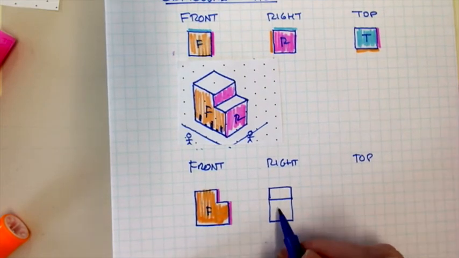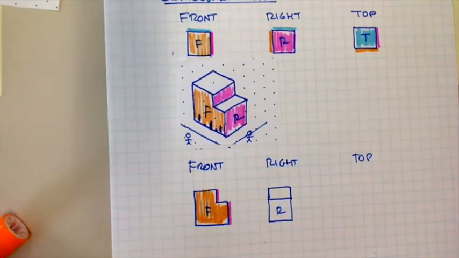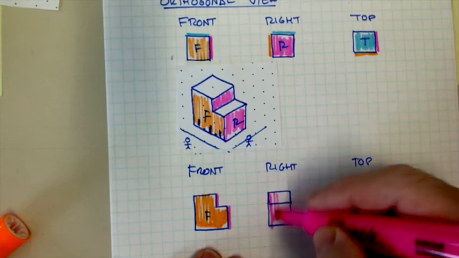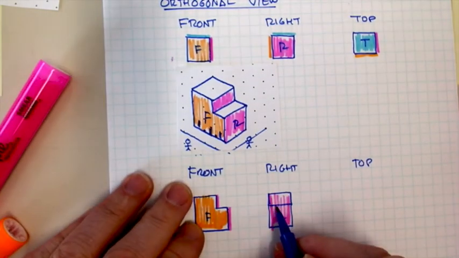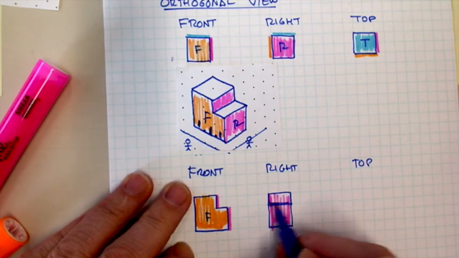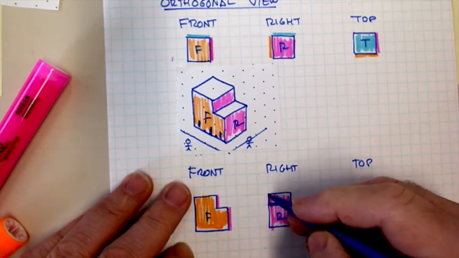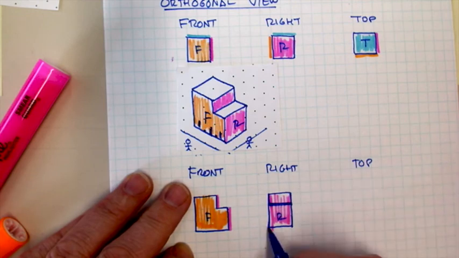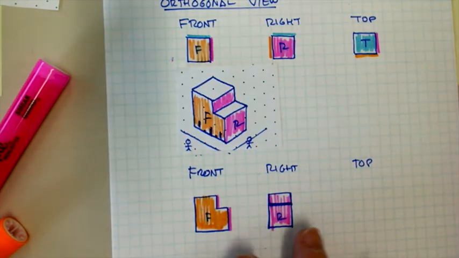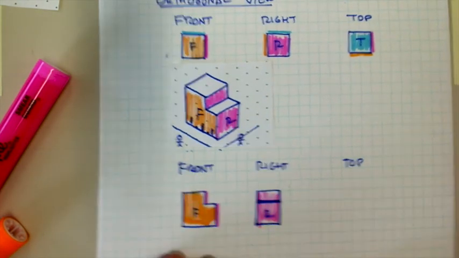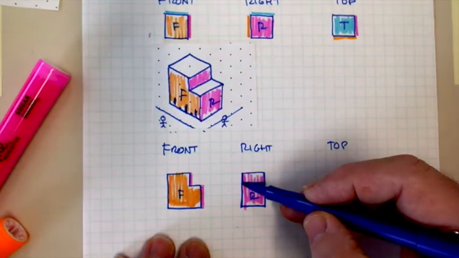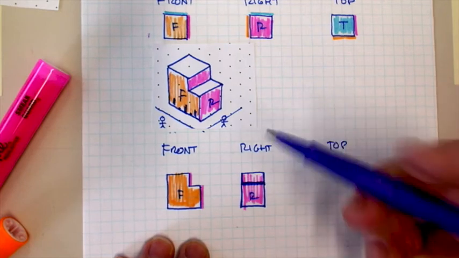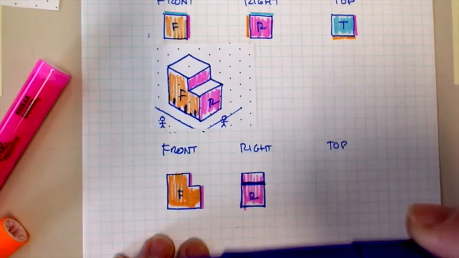When we draw this from the right, we do need to add something on here, and that's this line right here. When we draw this line, you'll see that if you did a little search on the internet, looked at some orthogonal views, they're going to darken this in to tell you that there's something going on here.